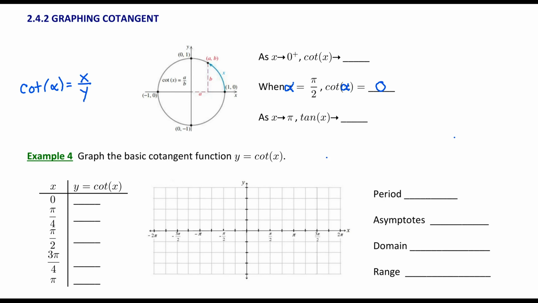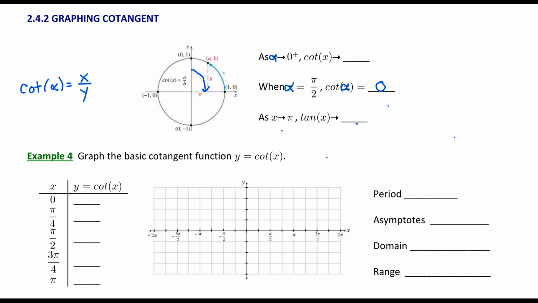Now, as our angle alpha approaches 0 from the right, this little positive in the exponent position is a directional indicator. That means we're taking our angle from pi over 2 to 0 radians from above. So as our angle decreases from pi over 2 to 0, the value of cotangent changes as well.